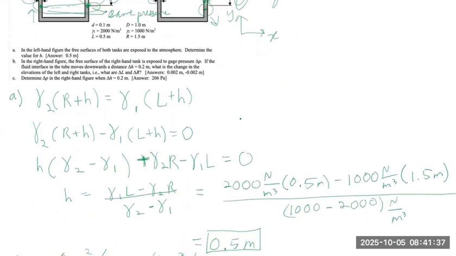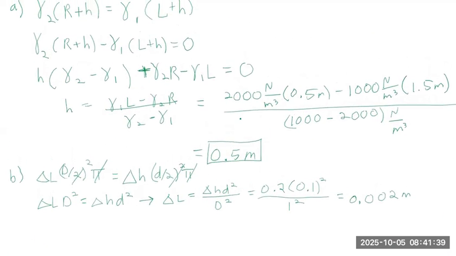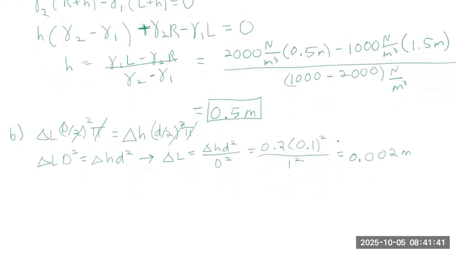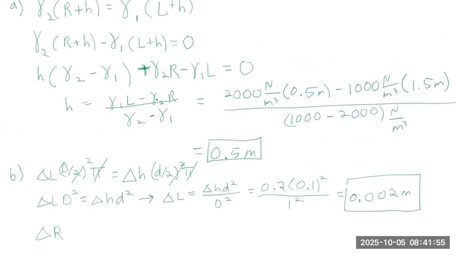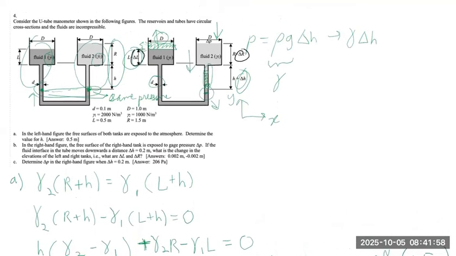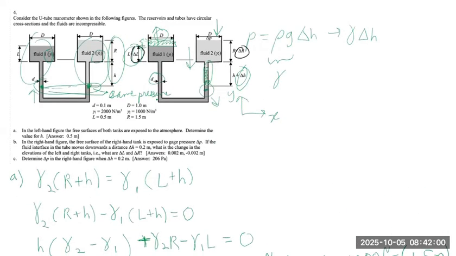And now we have delta L, and we want to find delta R. Similarly, if we think about this in a similar fashion, delta R is just going to be the negative of delta L.